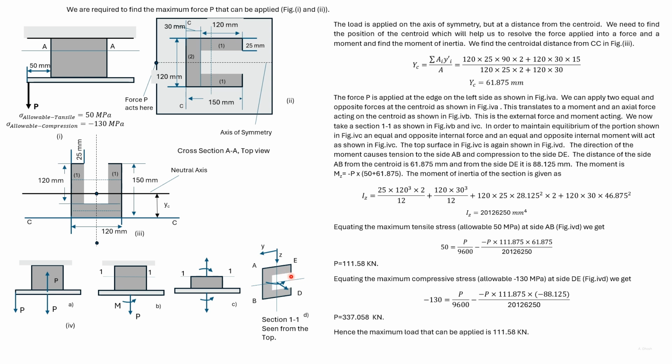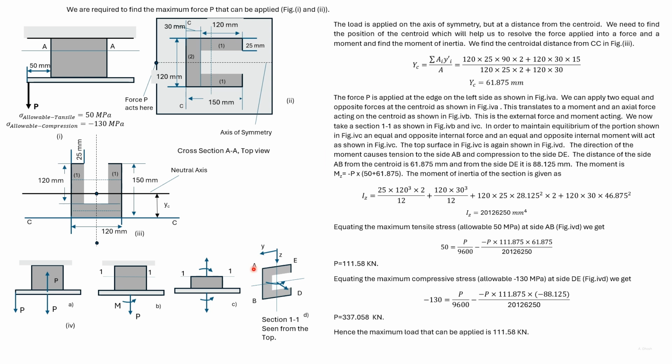This is section 1-1 shown from the top. This tensile force will cause tensile stresses on the whole section. This moment will cause tensile stresses on this part of the section and compressive stresses on this part of the section.